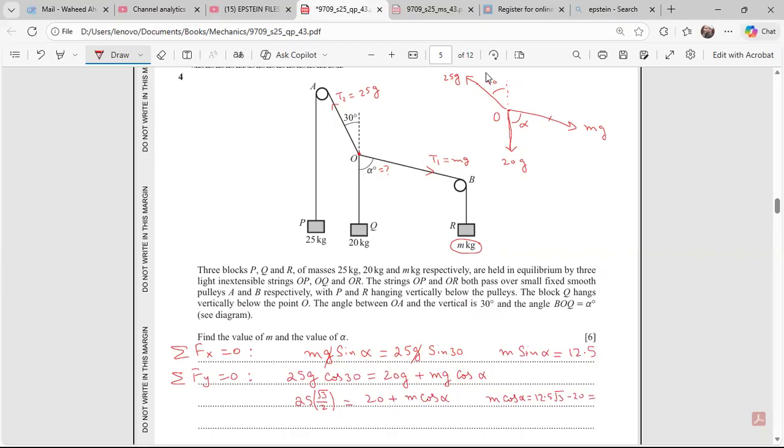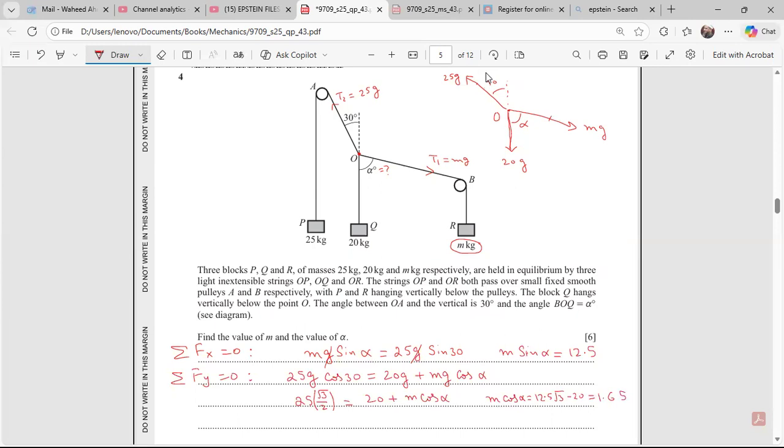Let's calculate: 12.5 root 3 minus 20 is 1.65.